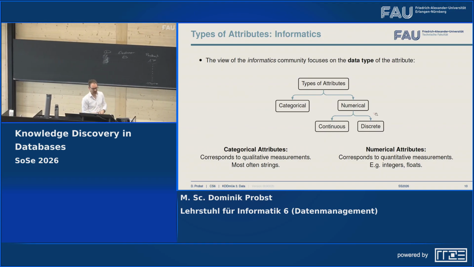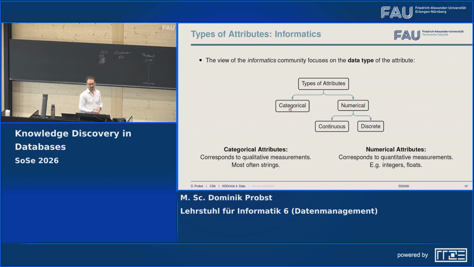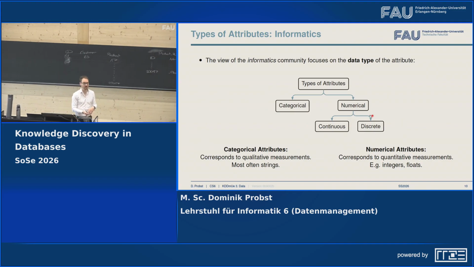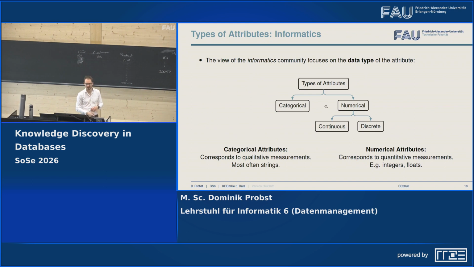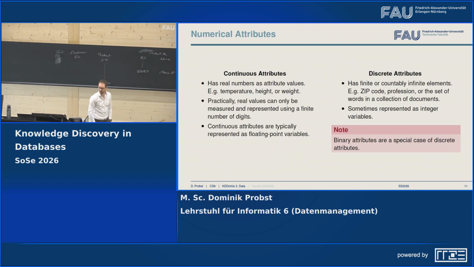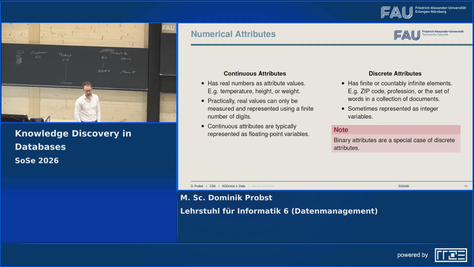If we are talking about categorical data, we do not further divide these things, at least in our context in KDD. For numerical data, we can talk about continuous numerical data and discrete numerical data. Continuous attributes have real numbers as attribute values.